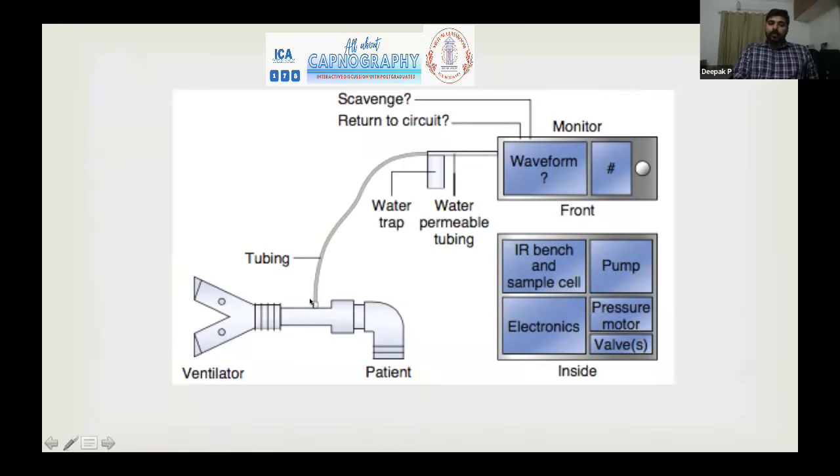Once we take it out through the tubing, the water vapor inside this condenses and it can form as water, and the presence of water inside this analyzing part can be problematic. So that is one problem associated with side stream.